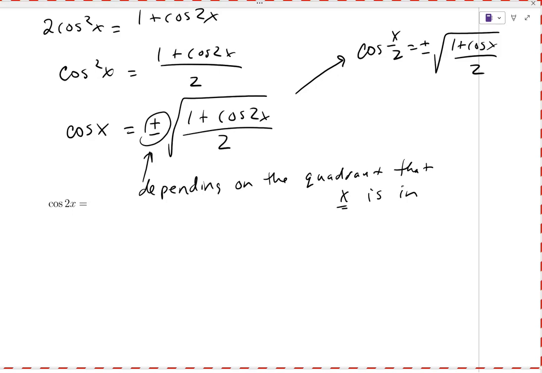We can do the exact same thing using one of the other forms of cosine of 2 theta. I can replace cosine of 2x with 1 minus 2 sine squared x. Rearrange.